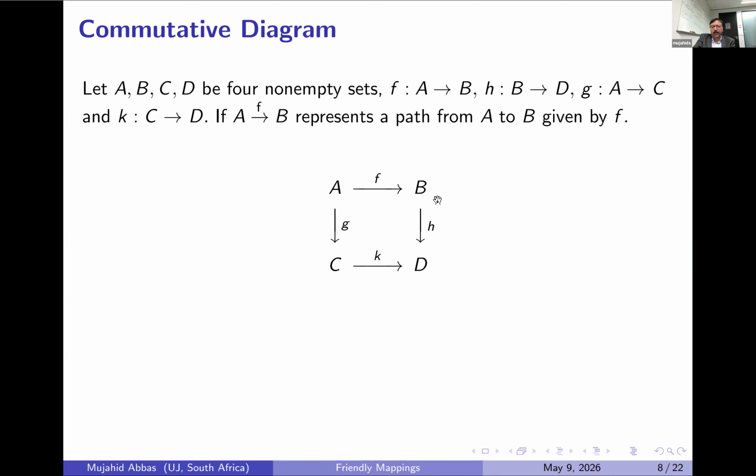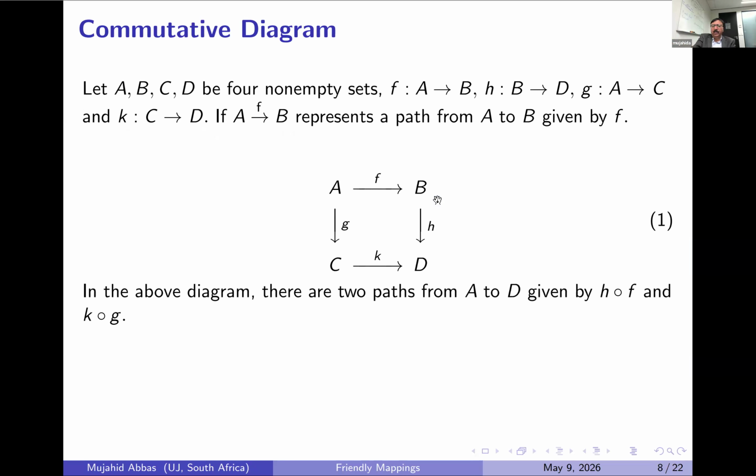Look at this very simple concept. Look at this commutative diagram. You have four sets, A, B, C, D. There is a path from A to B, a path from B to D, and then a path from A to C, and a path from C to D. So we have four paths in these sets.